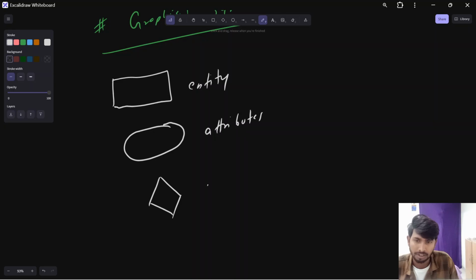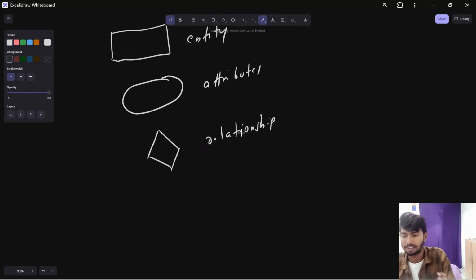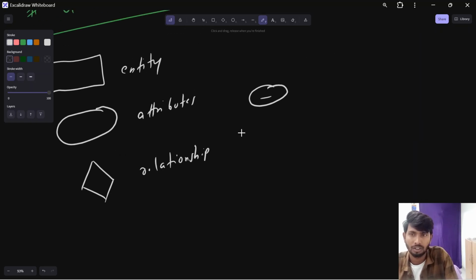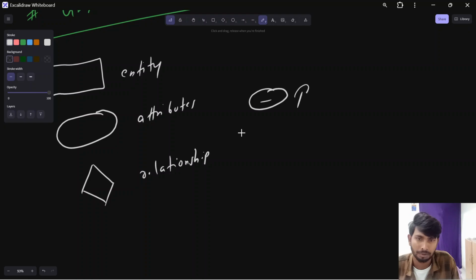In diamond shape, it's a relationship. After that, in attributes, we have primary attribute, composite attribute like that. So this is a primary attribute here. We can say it's a primary key.